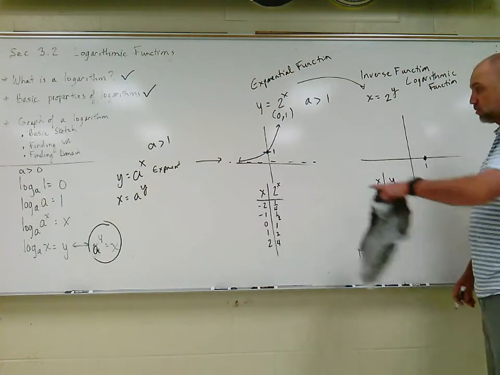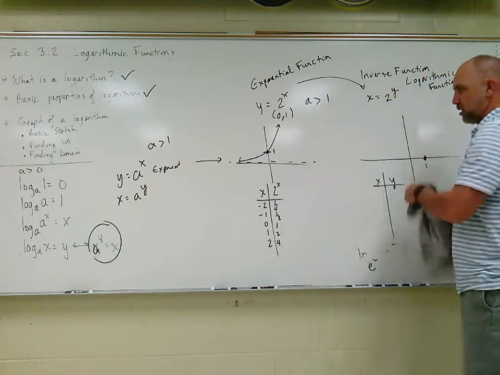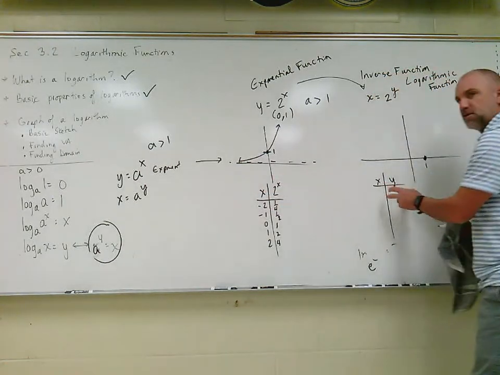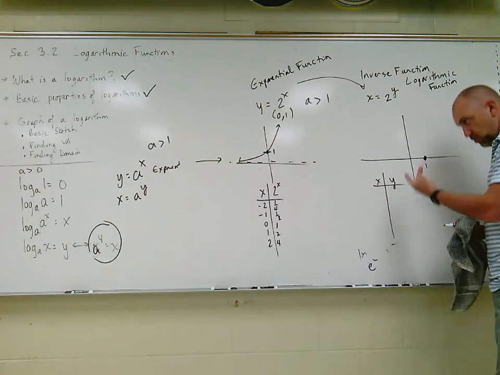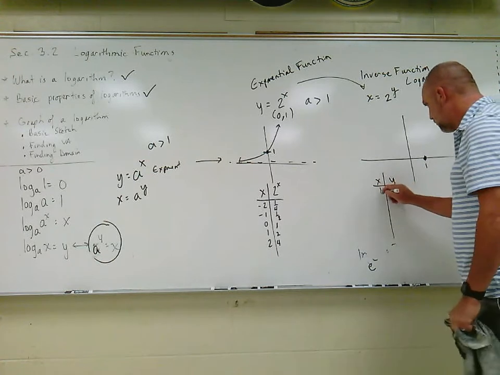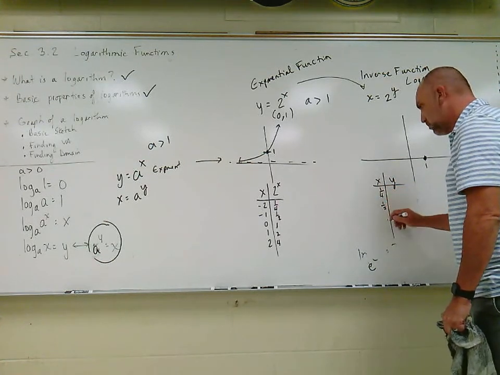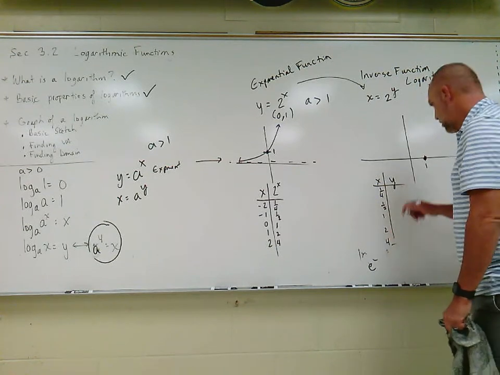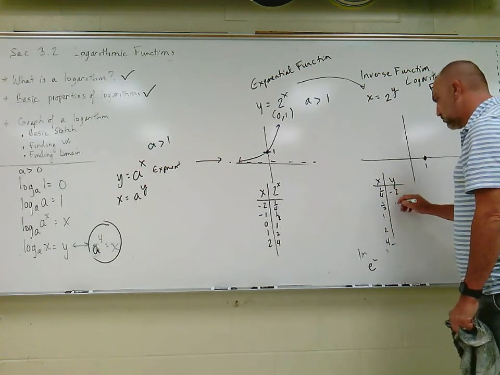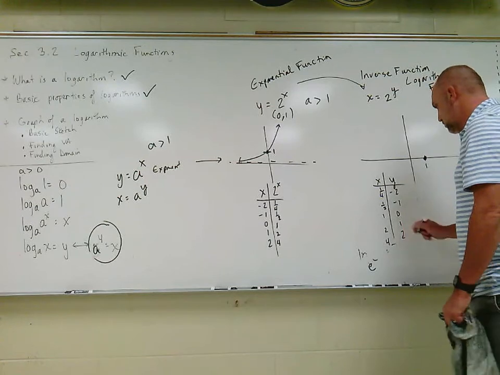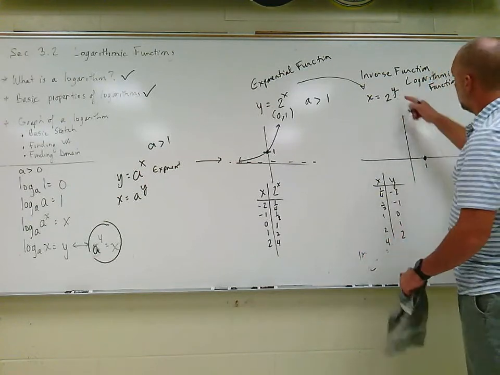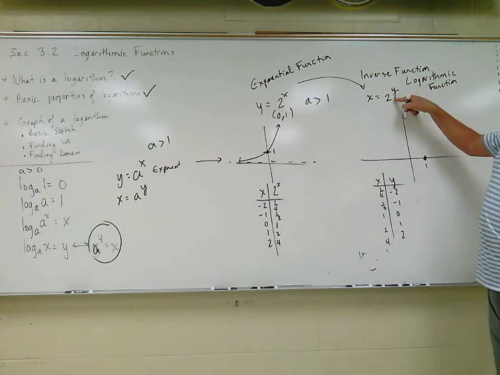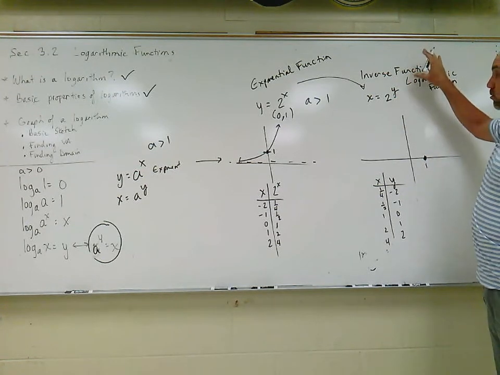What should happen if you go from something to its inverse? Switch them. So it should be 1/4, 1/2, 1, 2, and 4, right? And then you should get these answers, -2, -1, 0, 1, 2. Now, I can write this as y equals, because this is a logarithm.